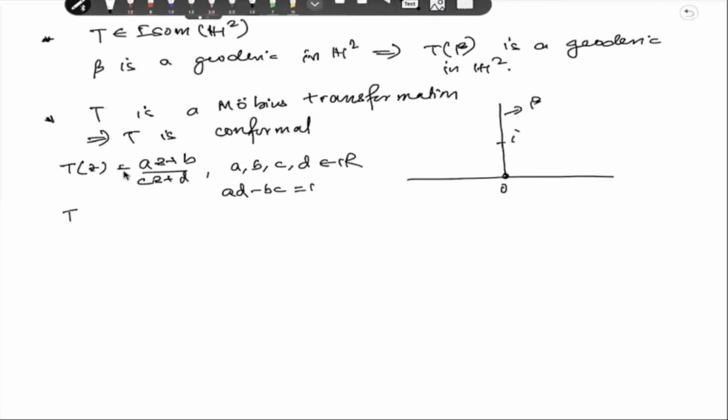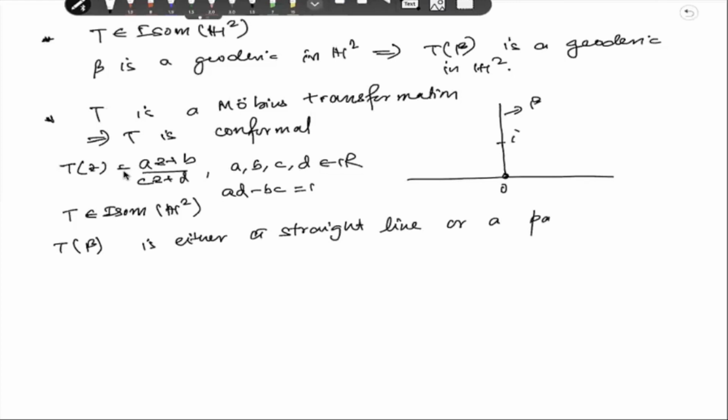So T naturally is an isometry of this upper half plane. This also we have proved. So T is also a Mobius transformation. So T of beta is either a straight line or a part of a circle.